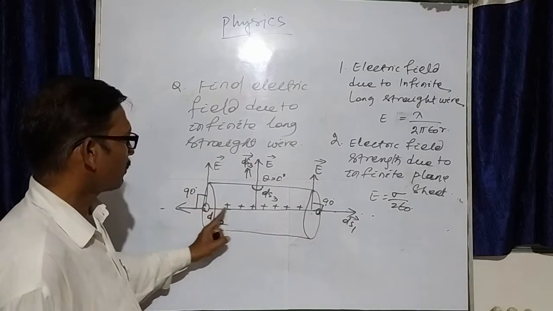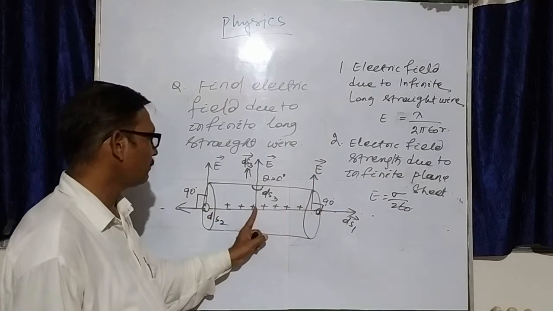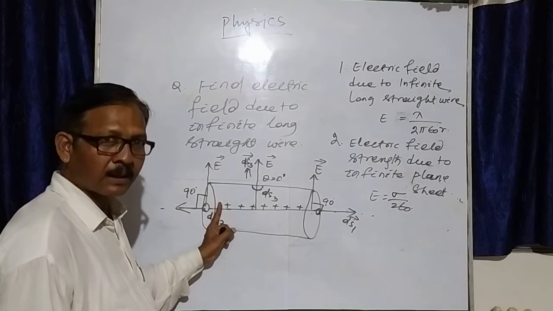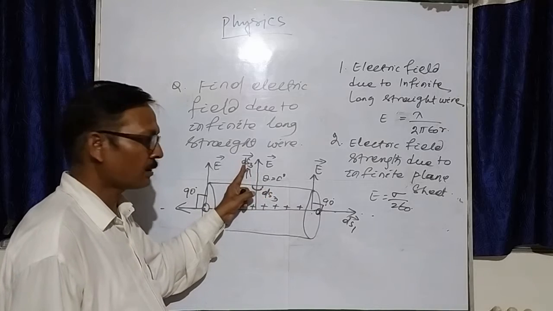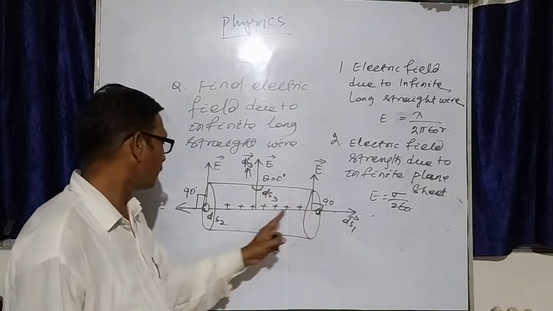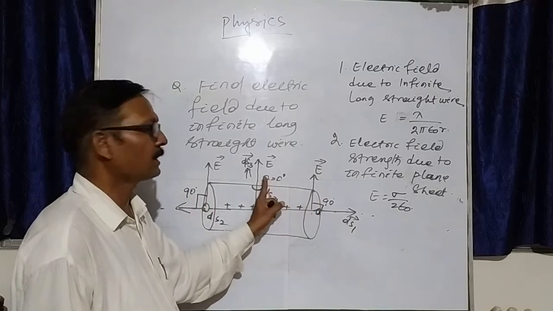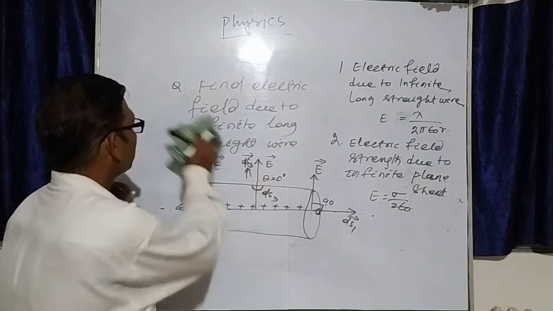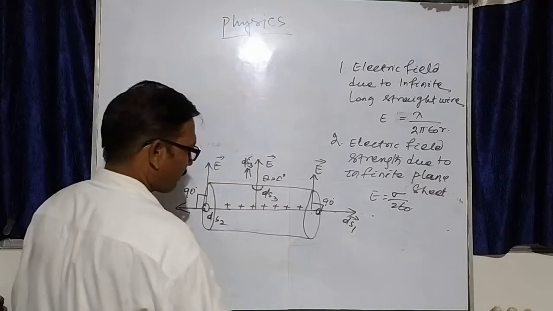Okay, understand the figure of the straight infinite wire with positive charge and a cylinder, with the electric field direction and the surface area directions and these angles. Now find the total flux linked with the surface.